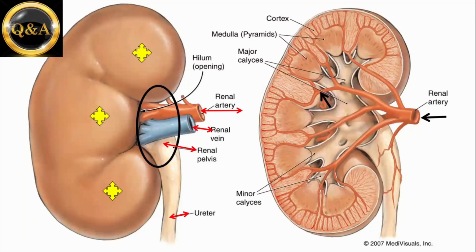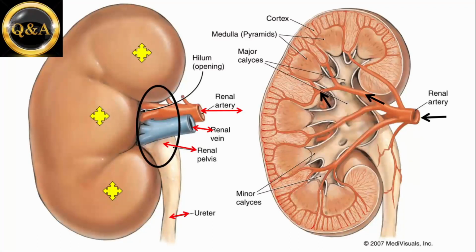The renal artery is a very important artery. As it comes and enters the kidney, it divides into segmental arteries.